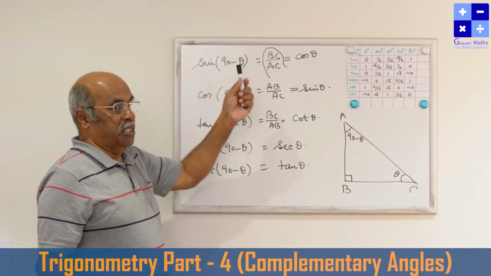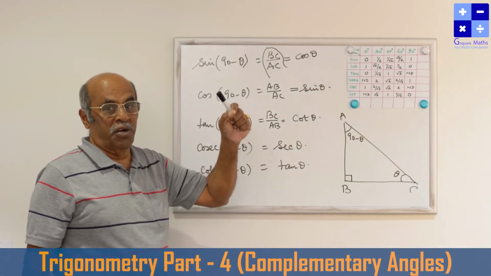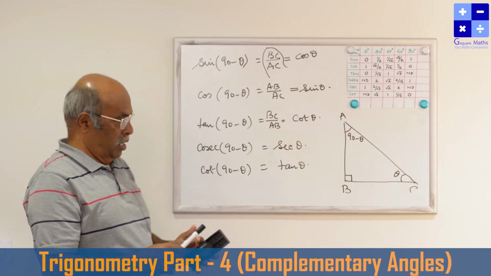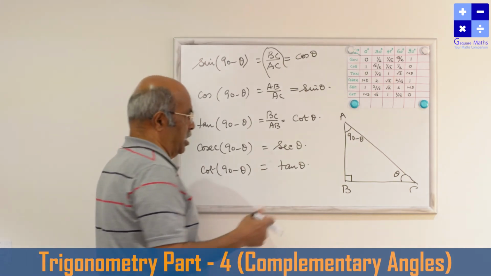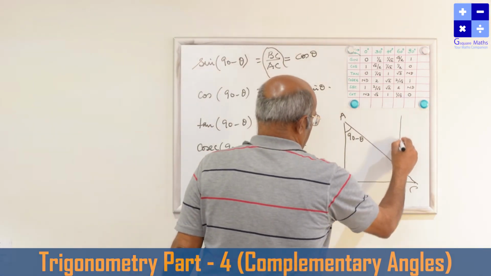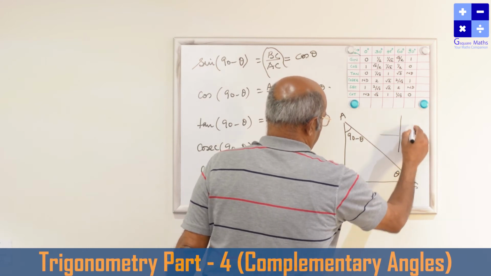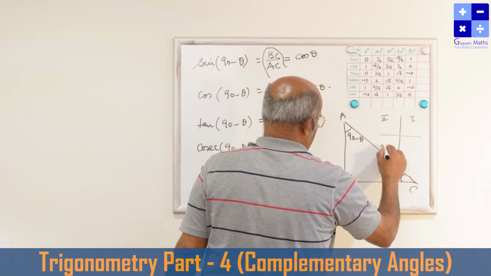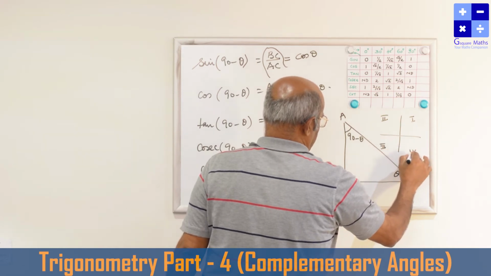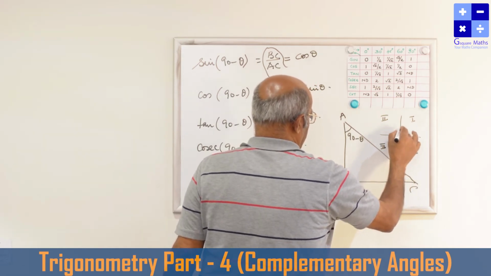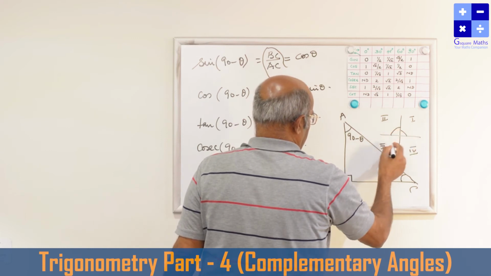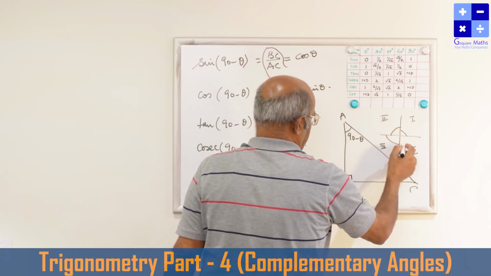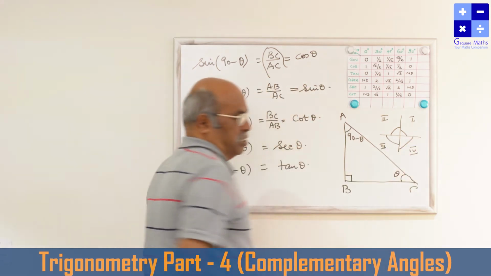This 90 minus theta is an angle in the first quadrant. In higher trigonometry, you will study that the entire plane can be divided into 4 quadrants: first quadrant, second quadrant, third quadrant, fourth quadrant. 0 to 90, 90 to 180, 180 to 270, 270 to 360.